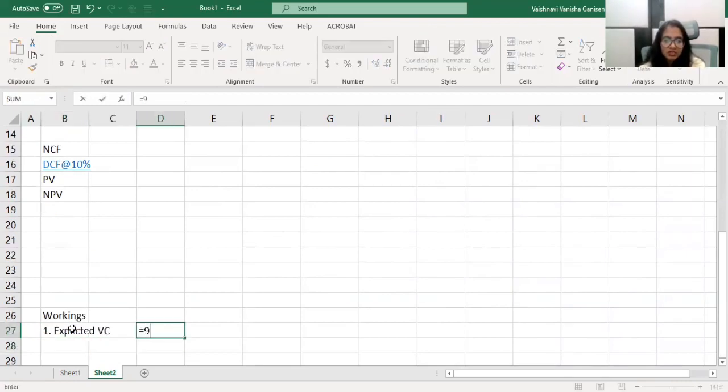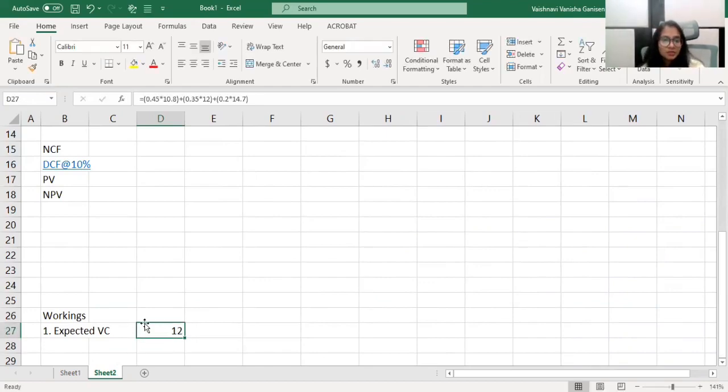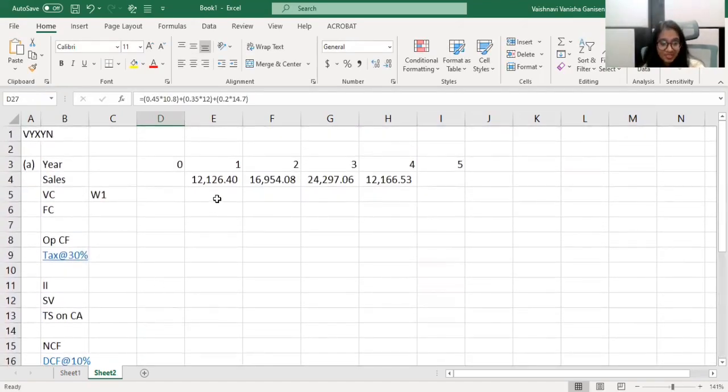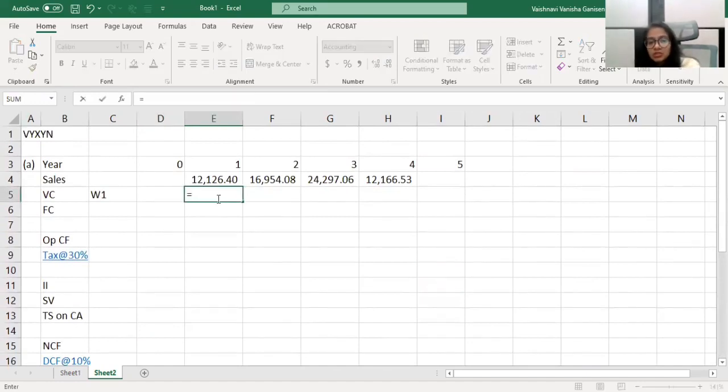So your expected variable cost equals 45% multiply 10.80 plus 35% multiplied by 12 plus 20% multiplied by 14.7. So your expected variable cost is $12 per unit.